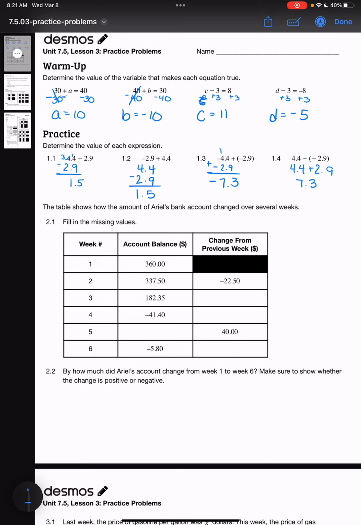Now, let's look at the next one where it's talking about Ariel's bank account. It says, the table shows how much Ariel's bank account changed over several weeks, and then fill in the chart. So that is what we are going to do here.